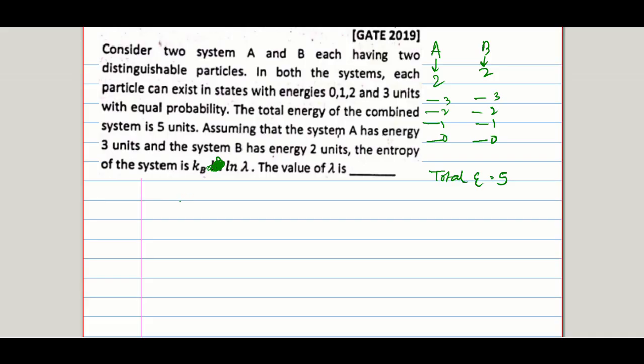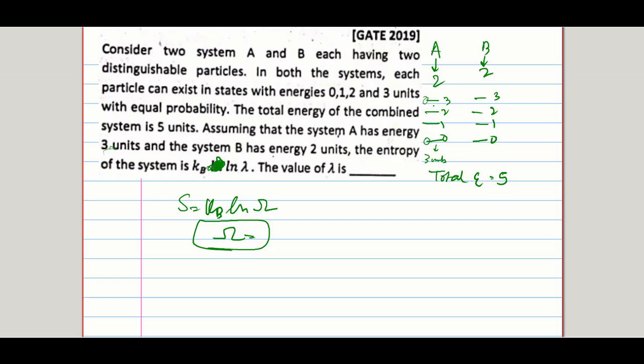So entropy is kB ln omega, which is represented by lambda here. So we need to find the number of microstates. That's our answer. There are two particles in A, and it's given that the total energy is 3 units. So how many ways is it possible? Here the particle can be here and another particle here.